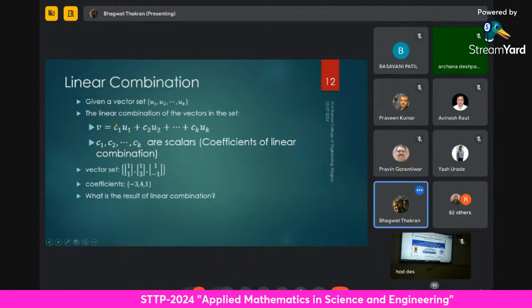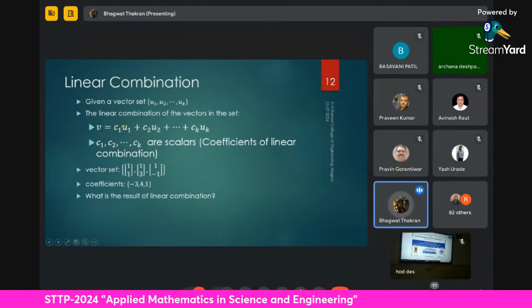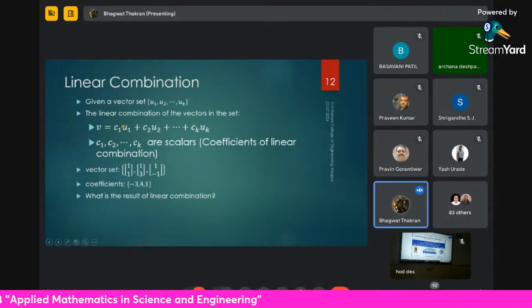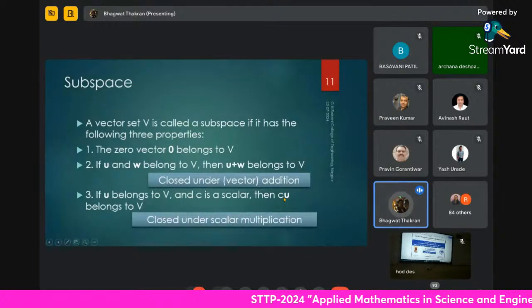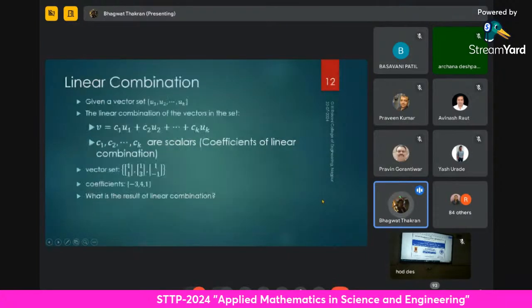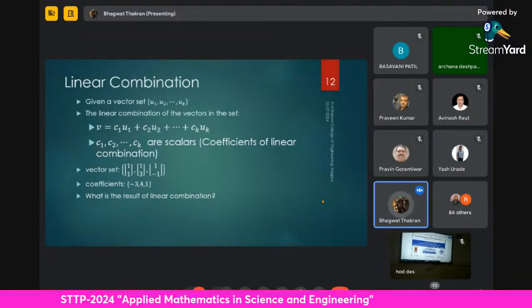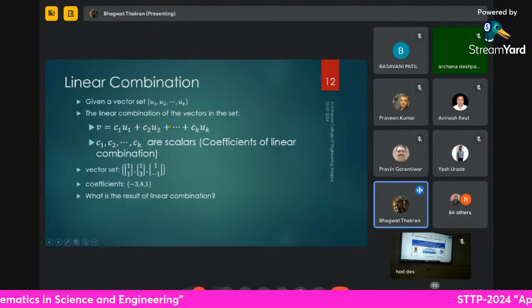This is the property which we have seen in vector space as well as in subspace, that is c times u, where u is a vector and c is a scalar. When we have more than one vector and more than one scalar, we can form a combination.